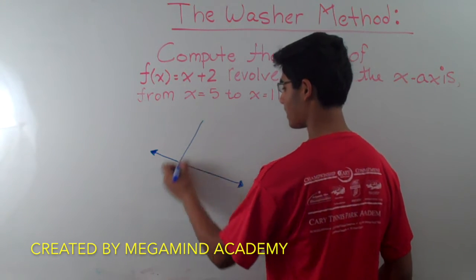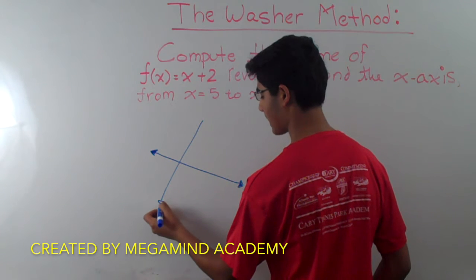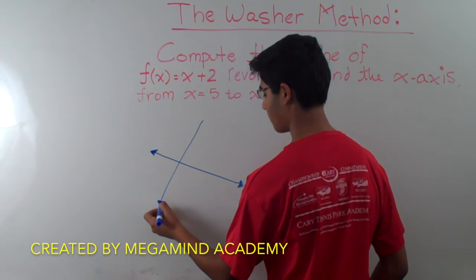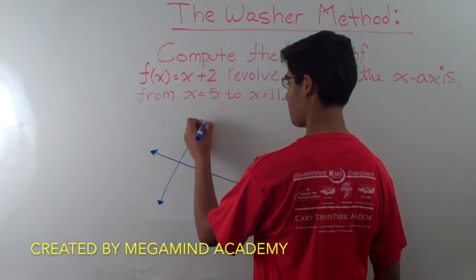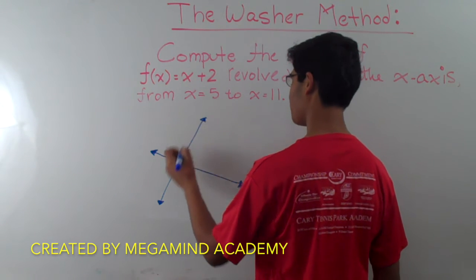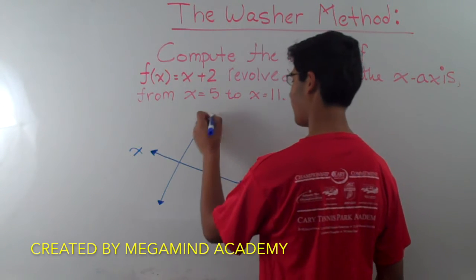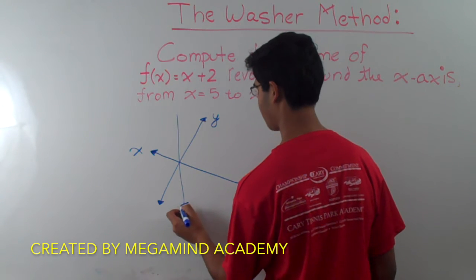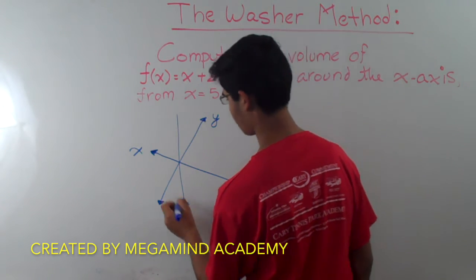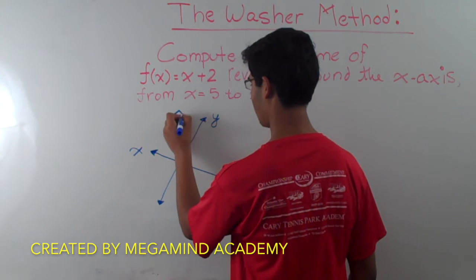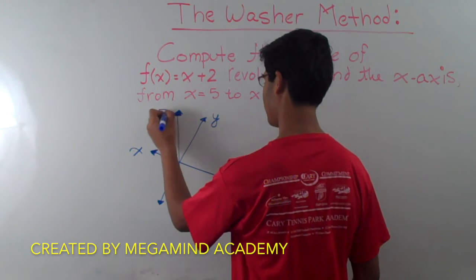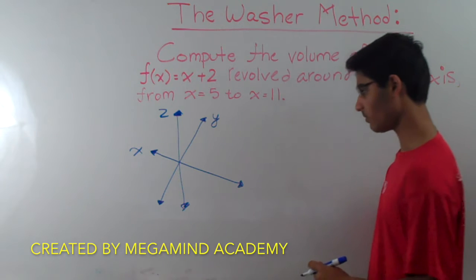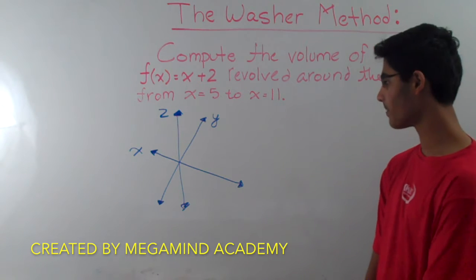Then we have the y-axis, which is still perpendicular to the x-axis. So x, y, and then the z-axis, which is just a straight line down. Hopefully that's what it looks like. So here we have x, y, and z.